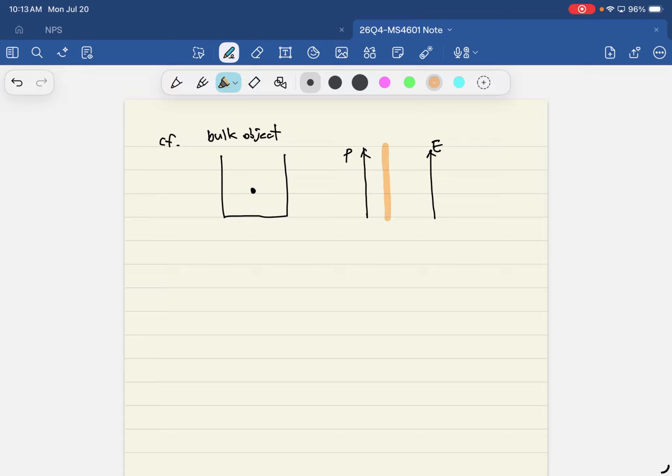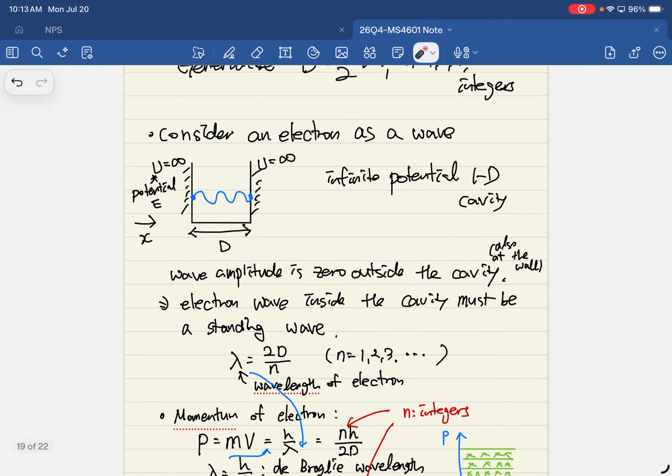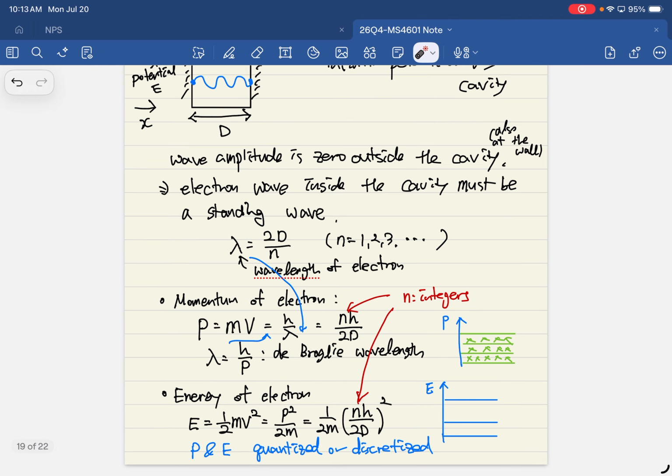What about kinetic energy, 1/2 mv squared? It can take any velocity for a bulk object. So for a bulk object, potential energy and kinetic energy are continuous, but when we consider the electron as a wave, we have discretized values for momentum as well as energy.